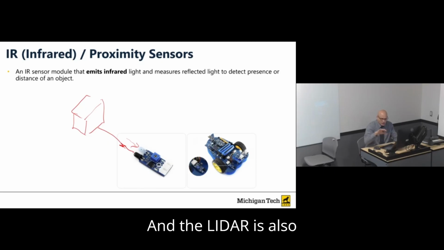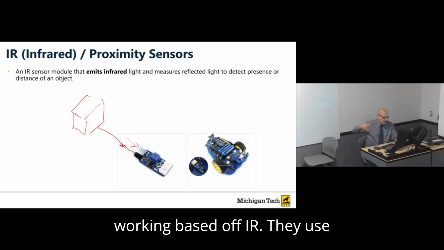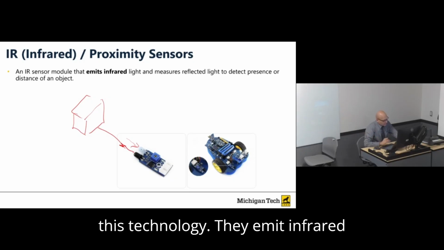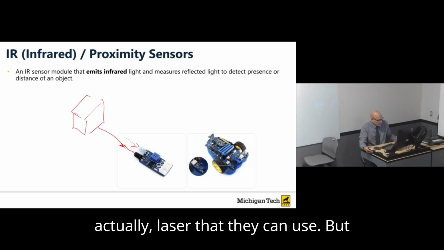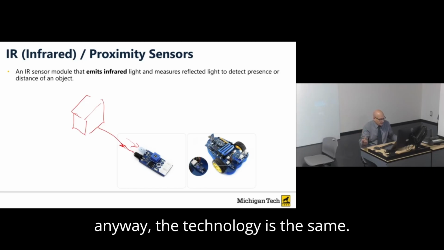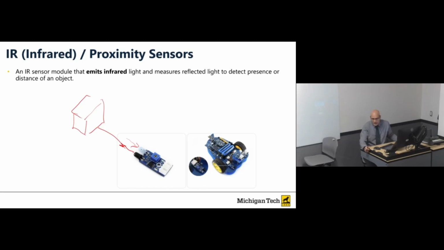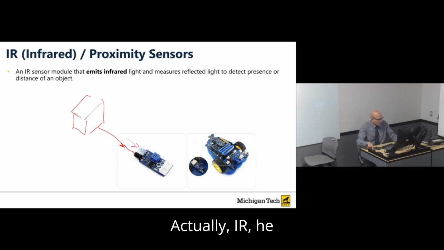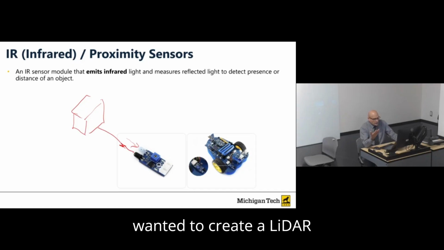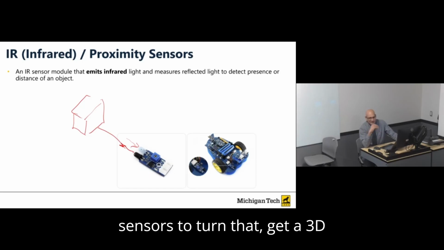The LIDAR is also working based on IR. They emit infrared, and they have different types of laser that they can use. But anyway, the technology is the same. That's why I had a project a couple of years ago. One of the students did it using multiple IR. He wanted to create a LIDAR sensor that turns, to get a 3D dimension.